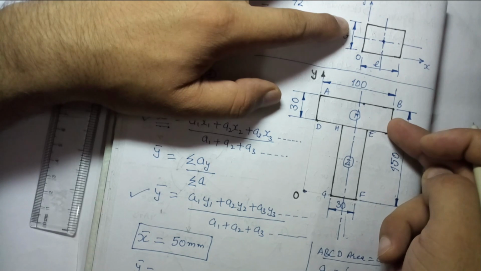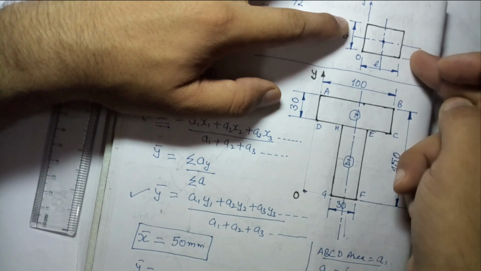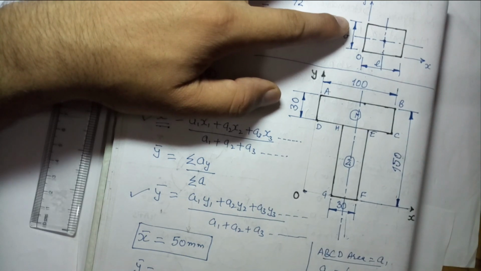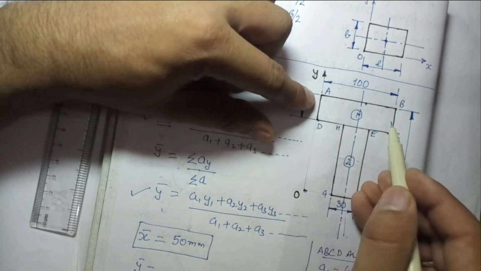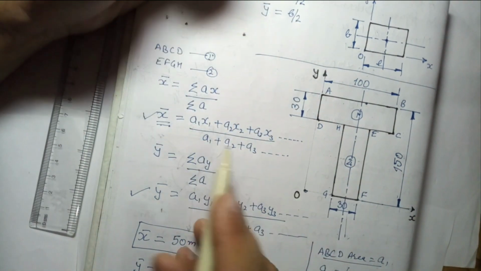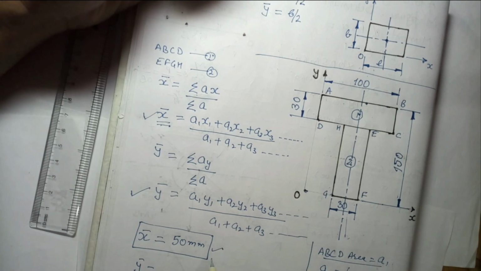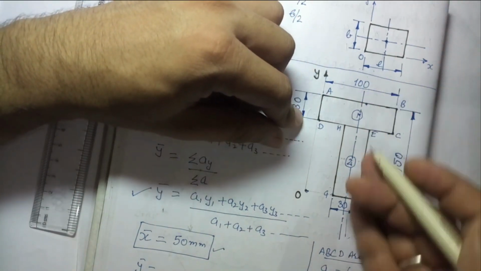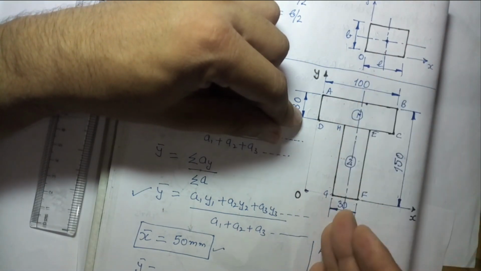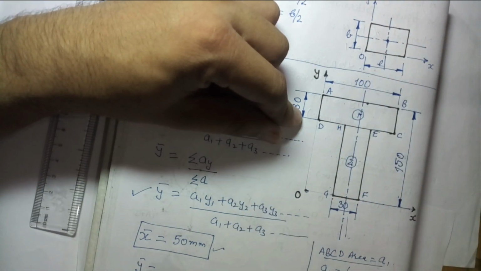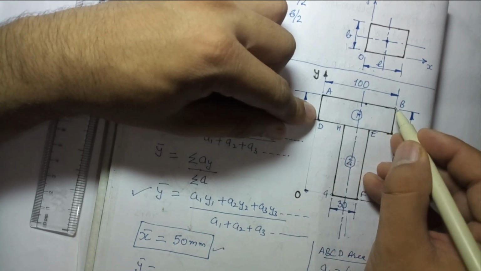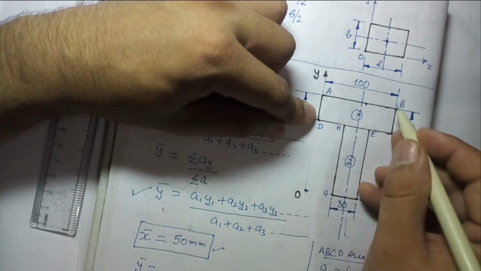Then we can find the centroid by geometric construction. If a rectangle is there, its x bar will be just half. That is why, if you calculate the x bar with this method, you will get the same value. But it reduces your steps of calculation, so we can take the complete axis and directly get x bar.